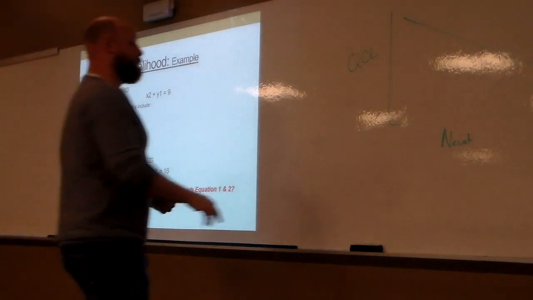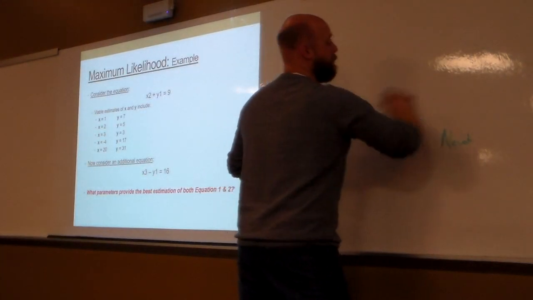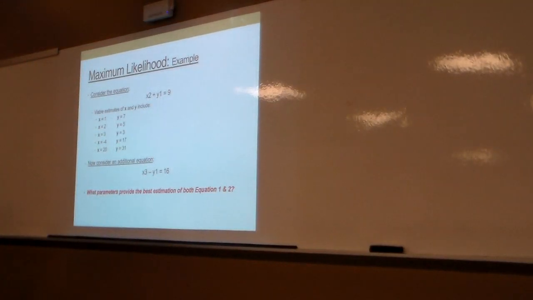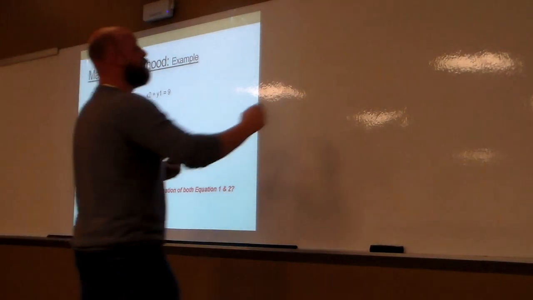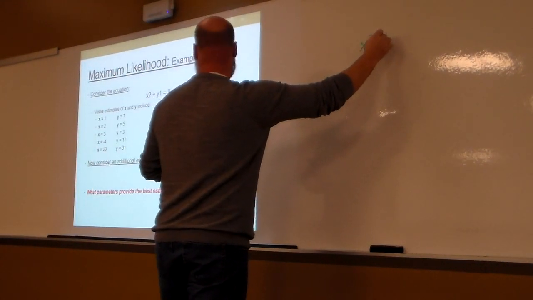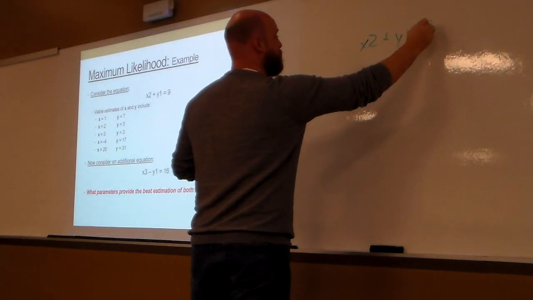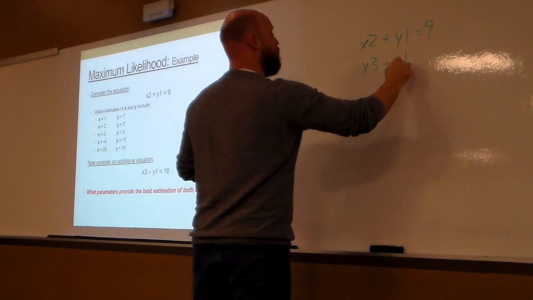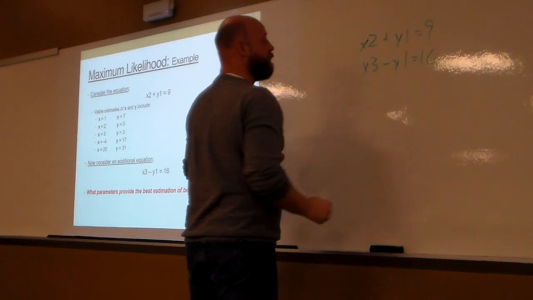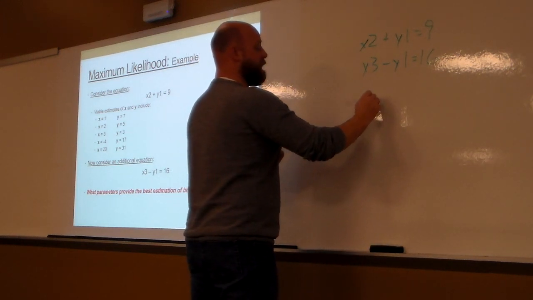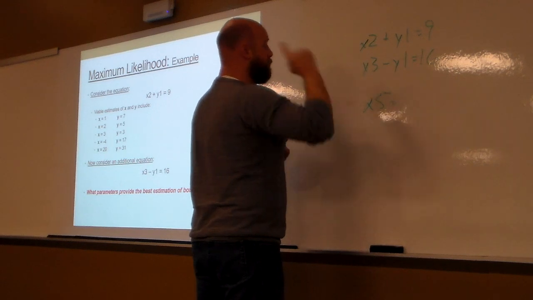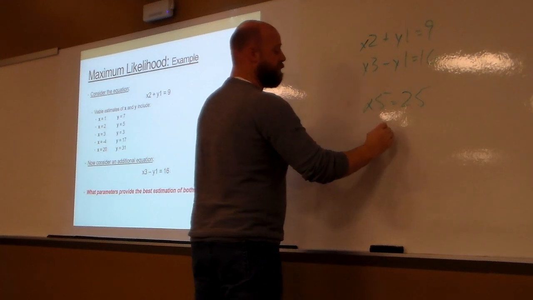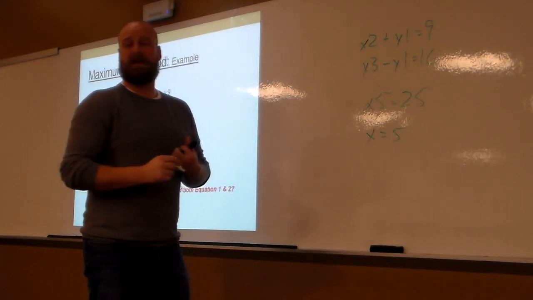So x2 plus y1 equals 9, and x3 minus y1 equals 16, right? Basic algebra, I get x5 equals 25, right? So x equals 5, and if x equals 5, what is y?